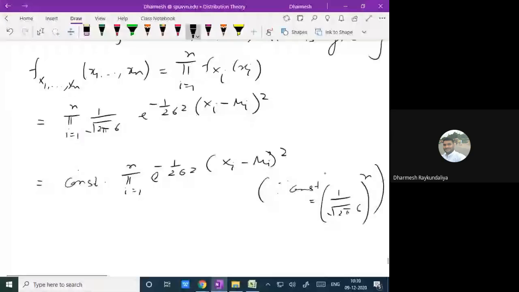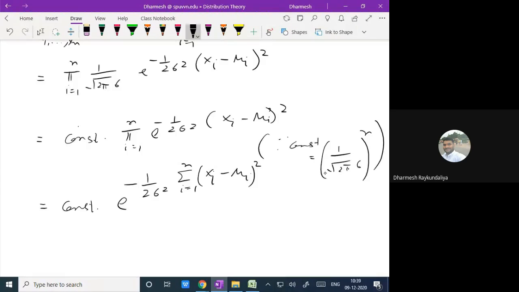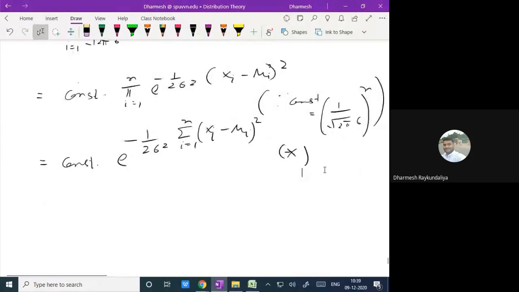It is a constant times the product of the exponentials, and since the base is the same, it is the sum in the exponent. So you can write this as e raised to minus 1 by 2 sigma square times summation i running from 1 to n of xi minus mu i whole square. So this is the joint density of x1, x2, ..., xn.